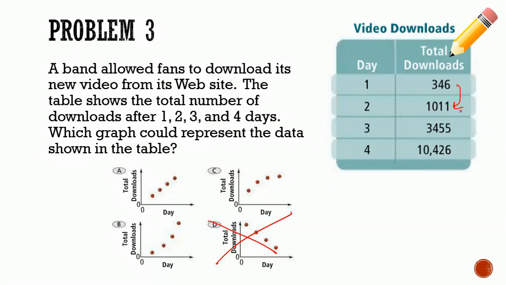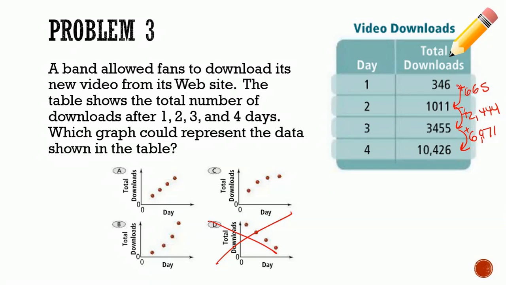From here to here we went up by 665 new downloads, then the next point we went up by 2,444 downloads, and then we made a really big jump and went up by 6,971 downloads.